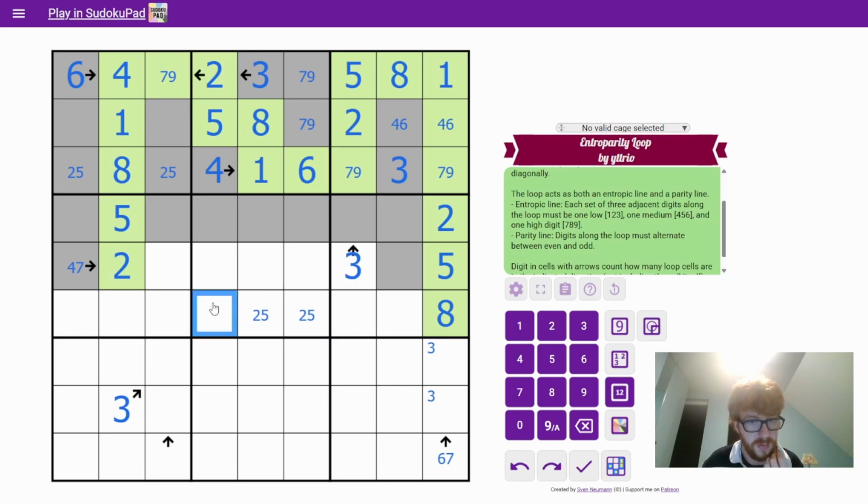But 3 still not very limited. I don't know anything yet. How do you do this?